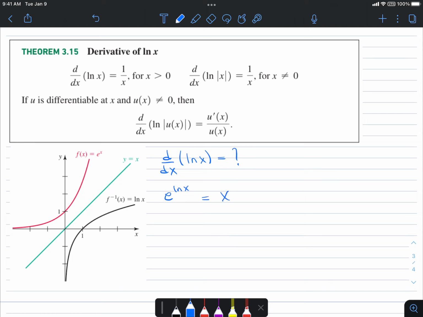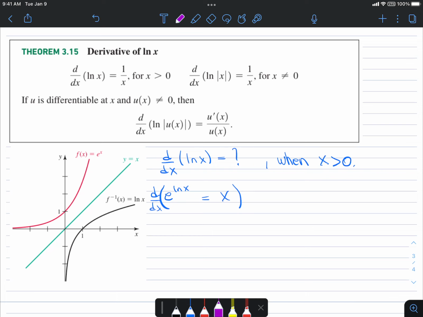I know that equals x, because ln and e to the x are inverse functions. So if I start with x, apply ln to it, and then exponentiate that, I do get x back. Remember that I'm only allowed to plug a number into a logarithm if x is positive. That's why I have this important restriction there.